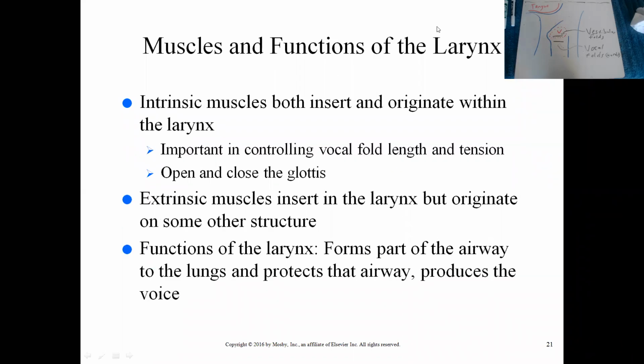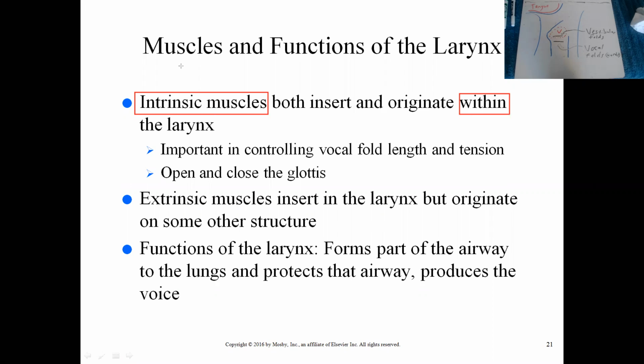And aside from the cartilages, the other major components of the larynx are the muscles. There are 2 kinds of muscles for the larynx. There are intrinsic, which are inside the larynx. As it says, they control the vocal folds, which helps to modify speech.